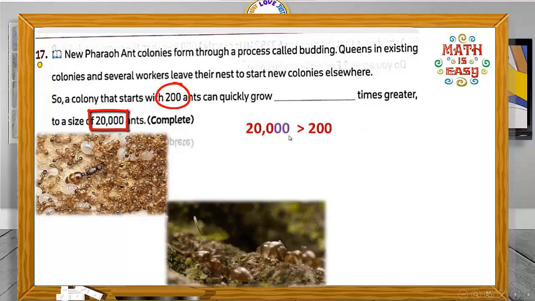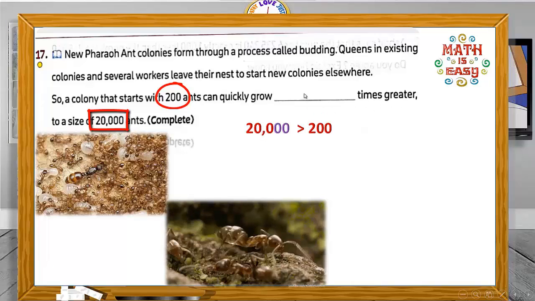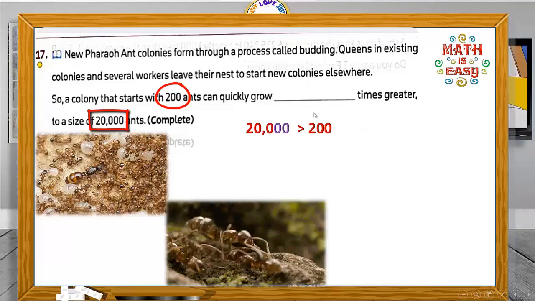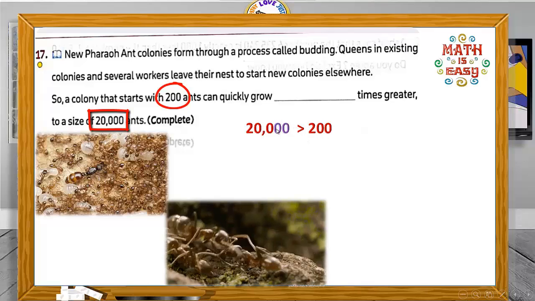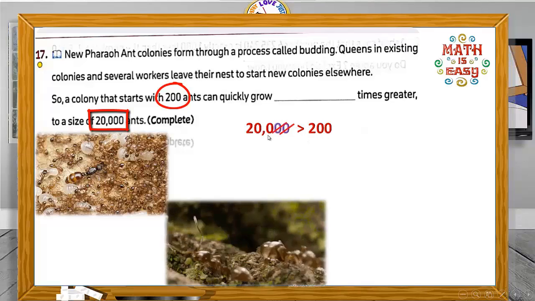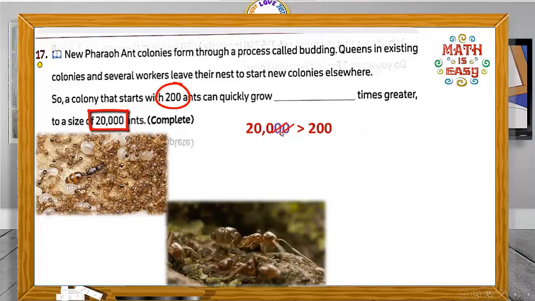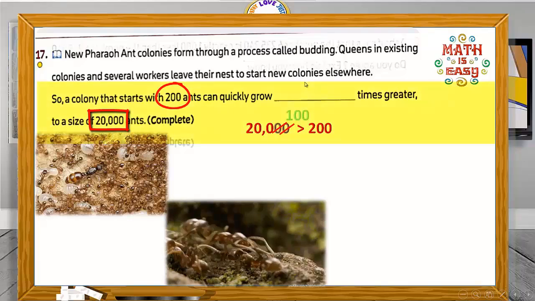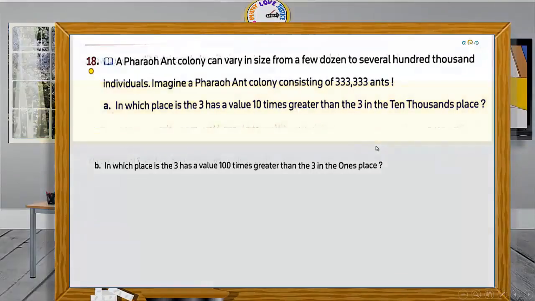In number 20,000, we have 4 zeros. He asks you about times. Times greater means 10 or 100 or 1,000 or what. Look at the number of zeros here. You have 2. You should cross 2. If we cross 2 zeros, we have 200. They are equal now. So 20,000 is more than 200 by 100 times. The answer, 100 times greater.